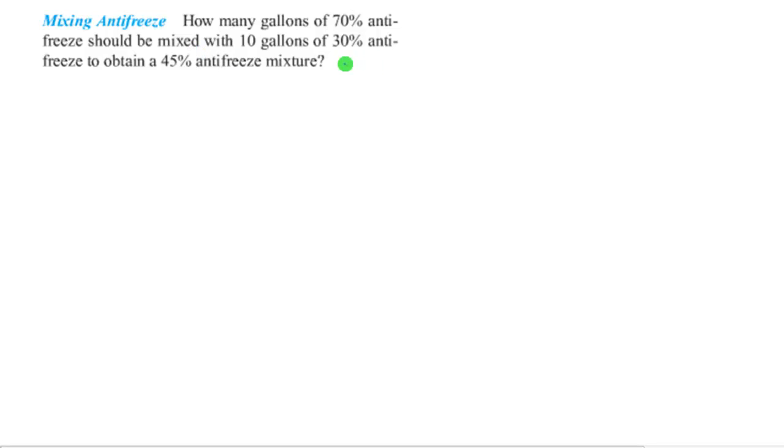Okay, in this particular problem, we're mixing antifreeze, and we've got a 70% antifreeze solution and a 30% antifreeze solution, and we're going to mix the two to make a 45% solution.